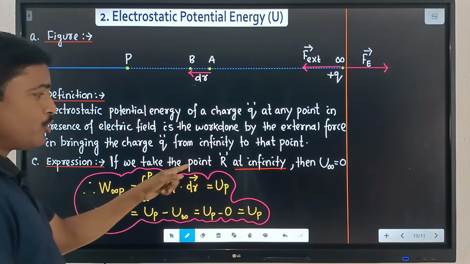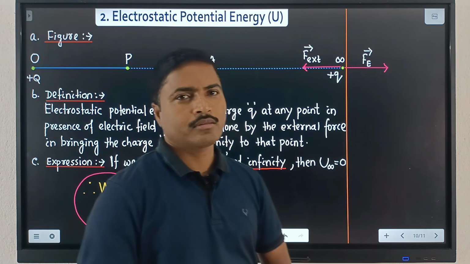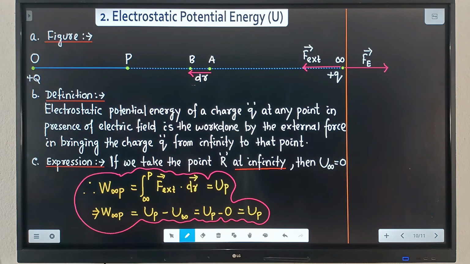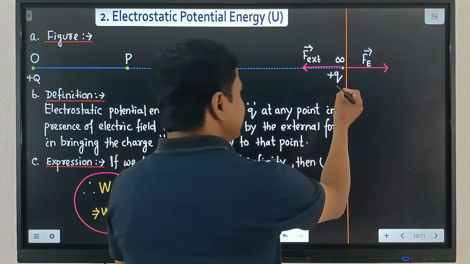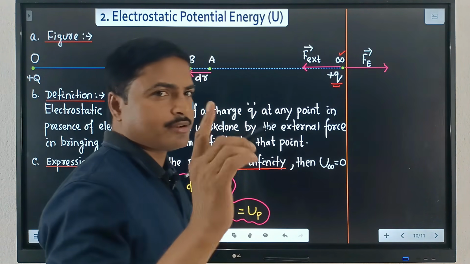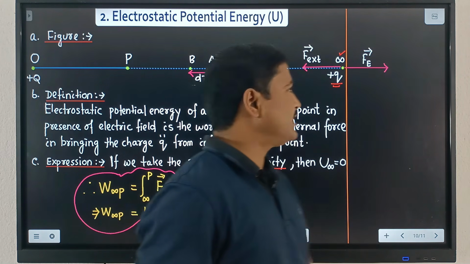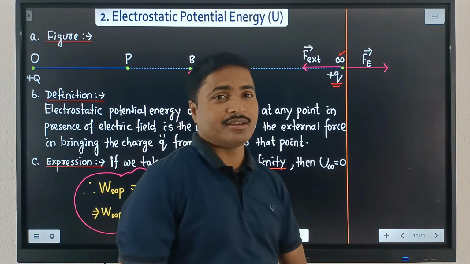If we take the point R at infinity, then what happens? That means initially the test charge is situated at infinity, not at point R.